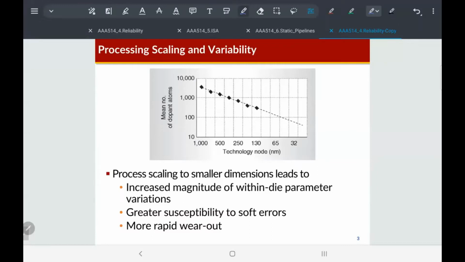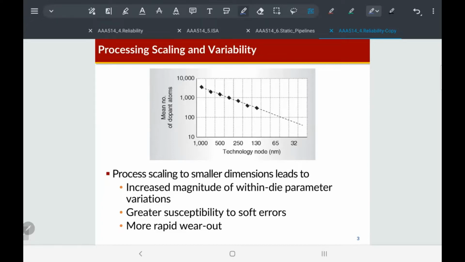So one of the reliability issues is that a single chip includes more transistors. What does that mean? If more transistors are included in a single chip, then the error rate of this chip can increase. Why?